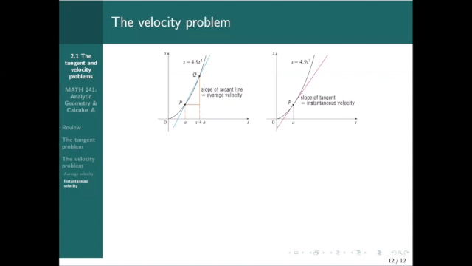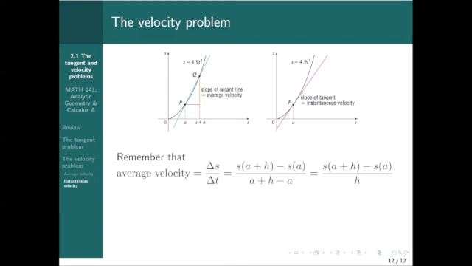So now let's analyze this problem from a different perspective and also from a more generic perspective. We know that the distance as a function of the time is given by s of t equals 4.9 times t squared, which is written in both graphs. And we also know that this function is the graph of a parabola. And also, we know the formula for the average velocity.